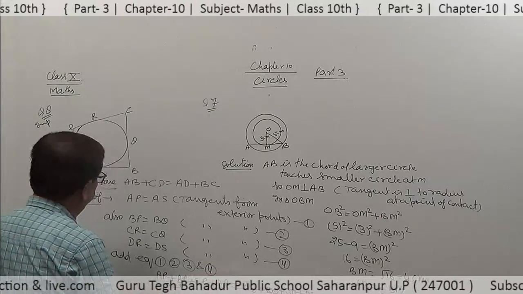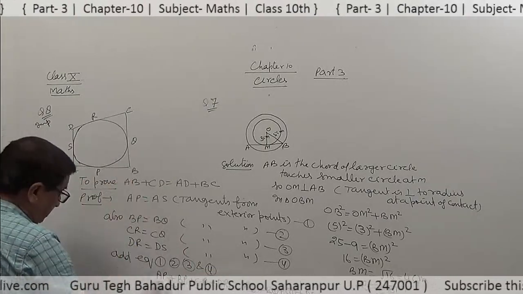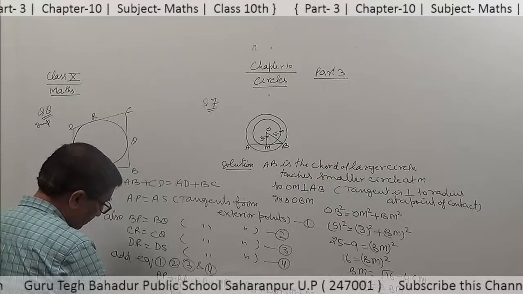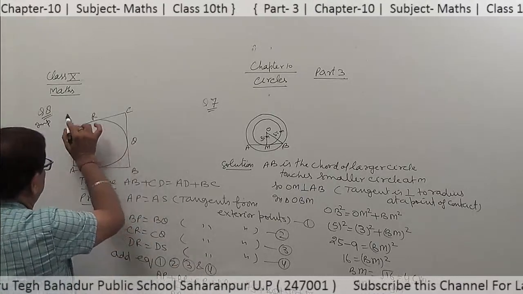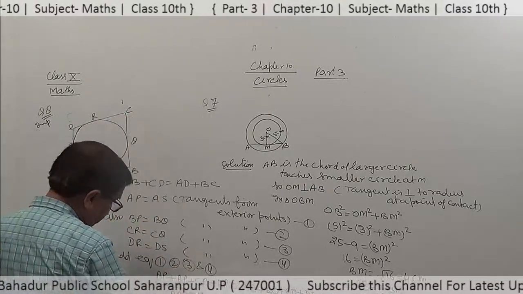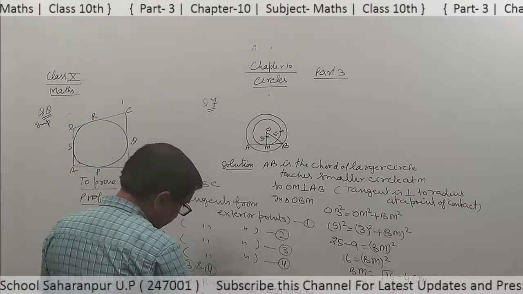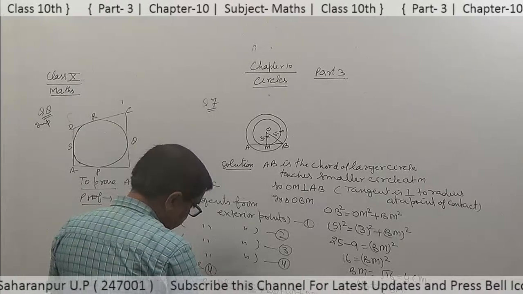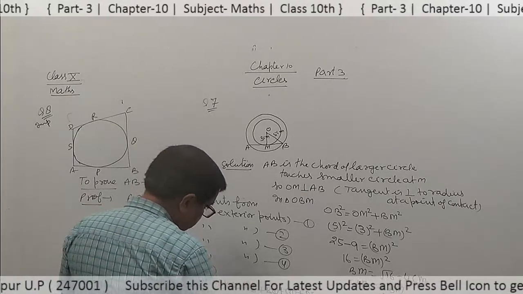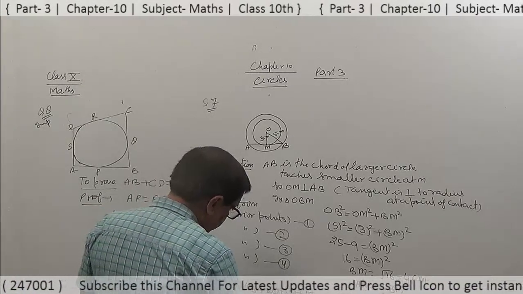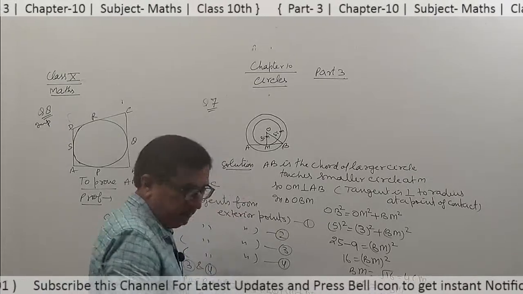AP and BP, AP plus BP becomes AB. CR plus DR becomes CD. Take AS and DS combined plus BQ plus CQ combined.